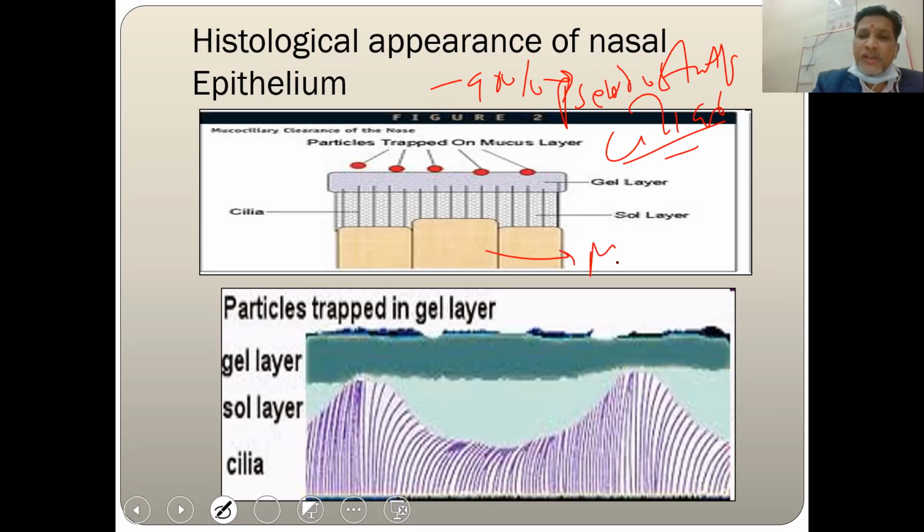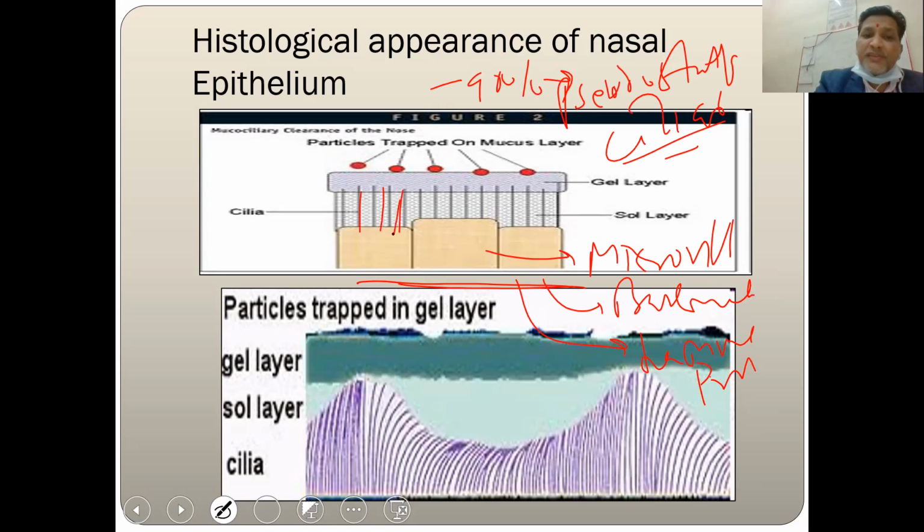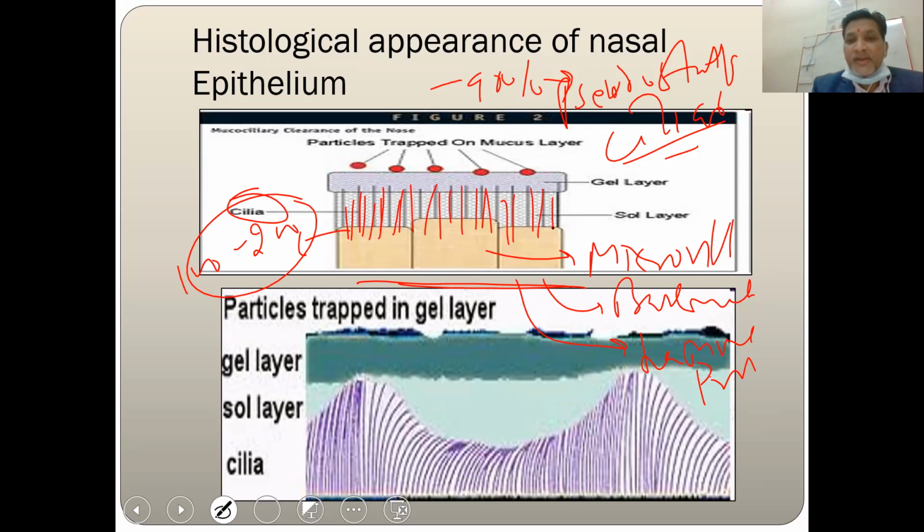These microvilli are on the basement membrane. Underneath will be the lamina propria, and on top of it, each microvilli will have about 100 to 200 cilia, which are hair-like structures formed by proteins.